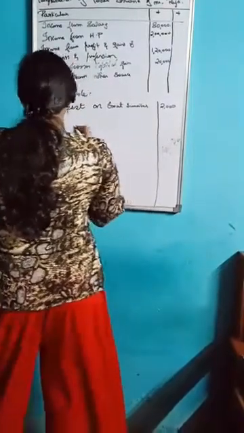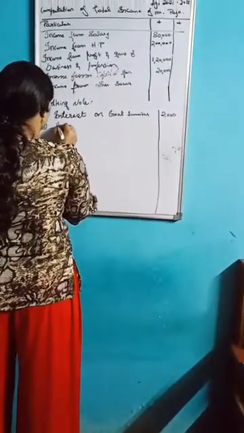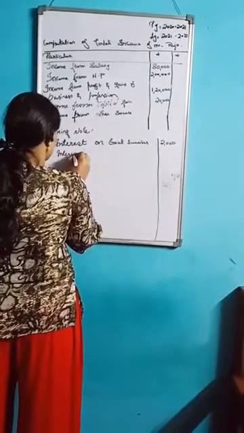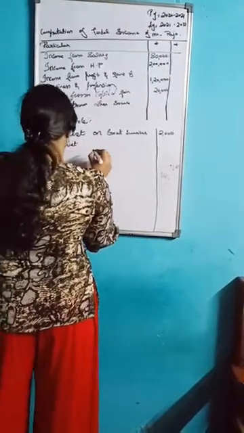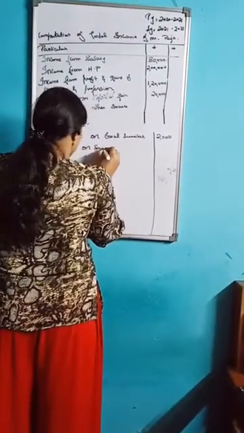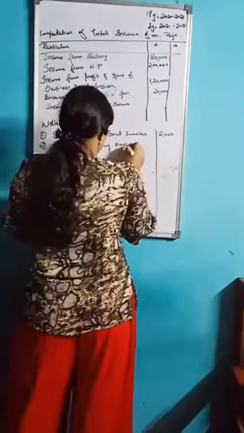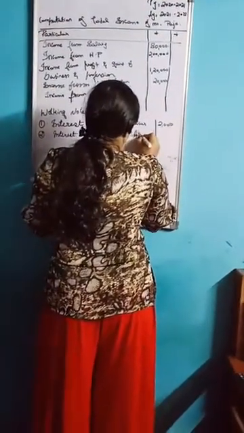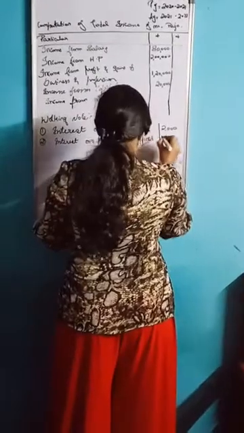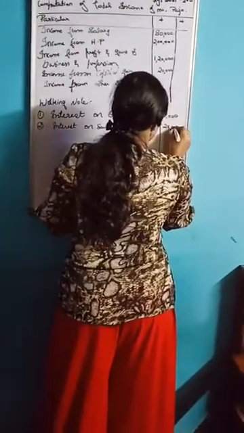Next one is interest on savings bank deposit, which is 28,000.